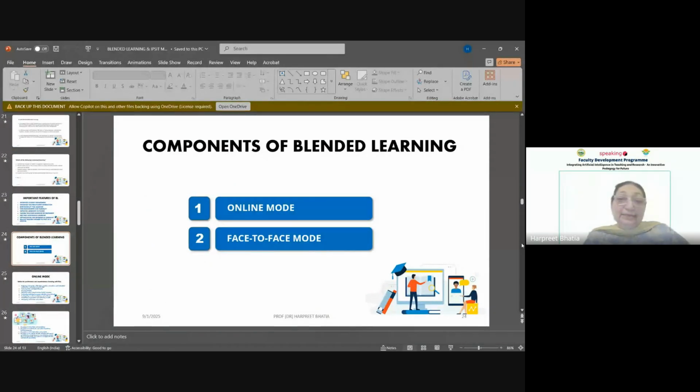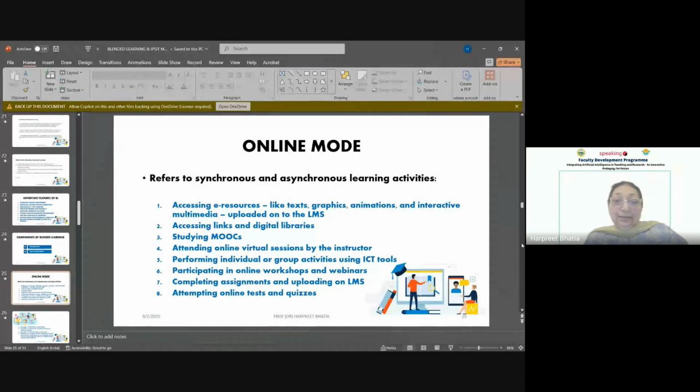Then let us look at the online and offline model components of blended learning. For the online one, we can have synchronous and asynchronous learning activities. The different methods are accessing e-resources like texts, graphics, animations, links to digital libraries, and MOOCs from where you can get information.